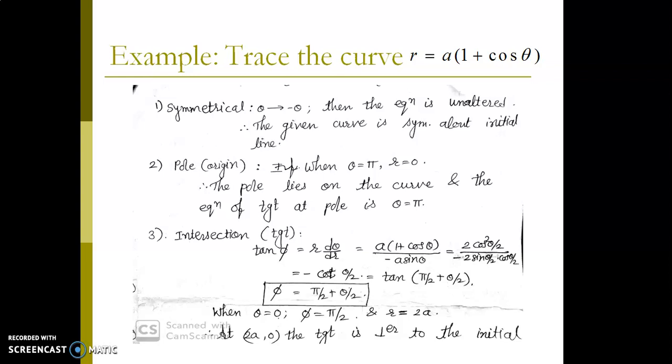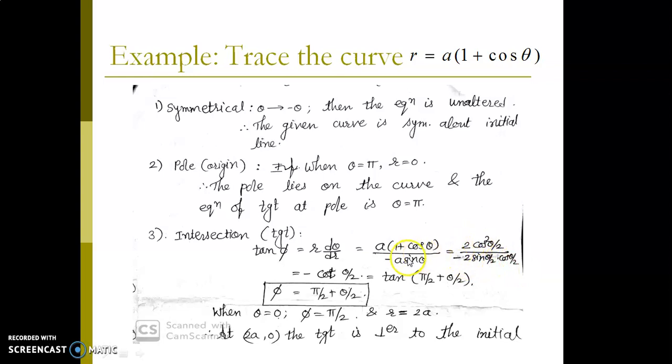Then third point, intersection. For this we find the value of tan phi, where tan phi equals r d theta by dr. We substitute the value of r and differentiate with respect to theta. Then apply the formula. Here 1 plus cos theta is 2 cos square theta by 2, and sin theta is 2 sin theta by 2 into cos theta by 2.